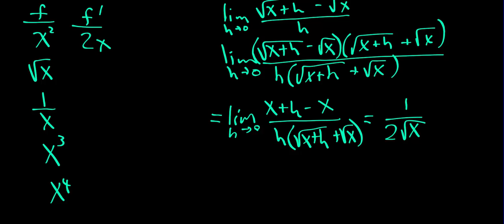Okay, so we found this one to be 1/2 x to the negative 1/2. You might think, why do you write it that way? That's the same thing. Okay, any questions about that?